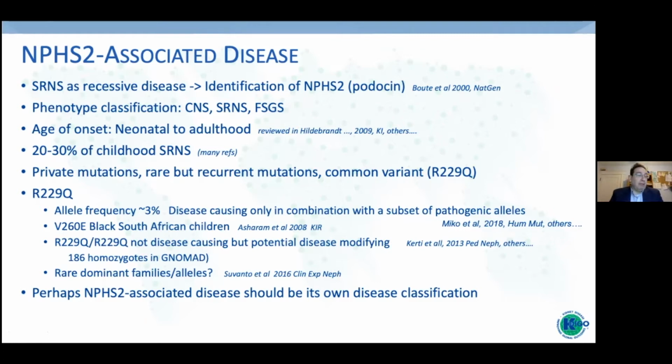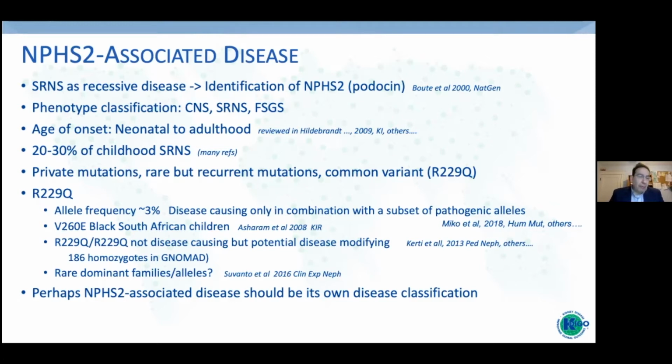There's a particular variant that seems to be a common cause of, or at least contributor to, nephrotic syndrome in Black South African children. It appears that people who are homozygous for this variant, R229Q, do not have a disease-causing phenotype, but it might modify the effect of other genes. For example, in the large database known as gnomAD, there are 186 homozygotes reported, presumably without any history of nephrotic syndrome.